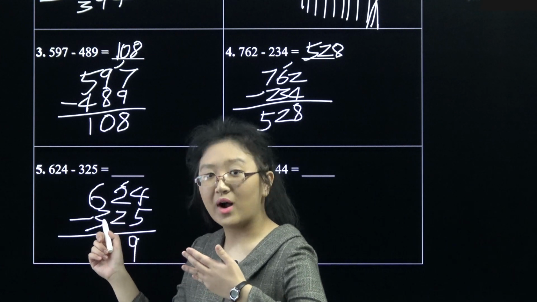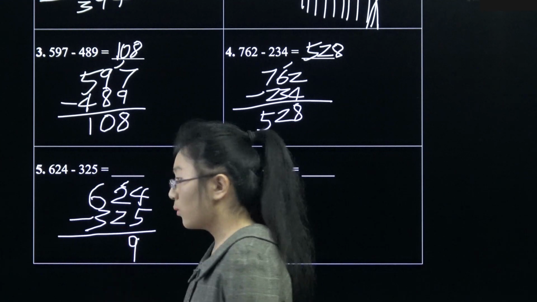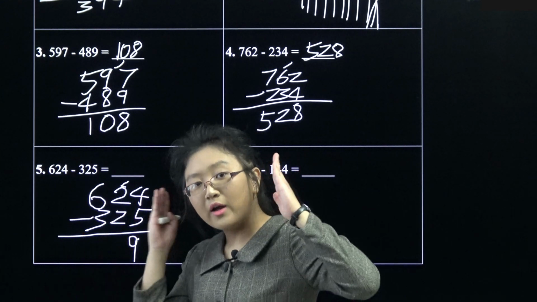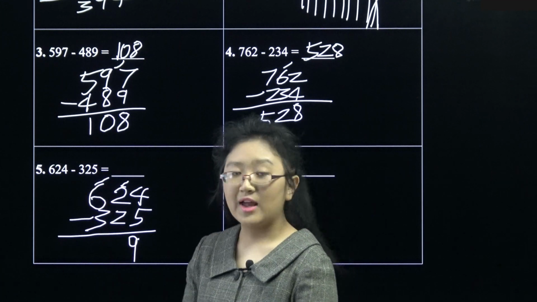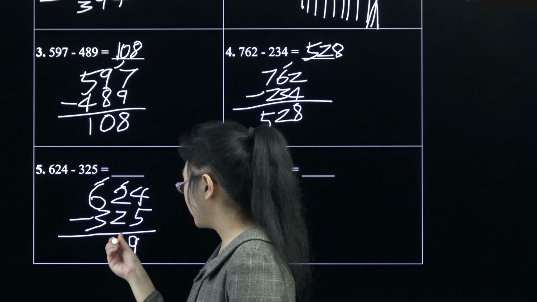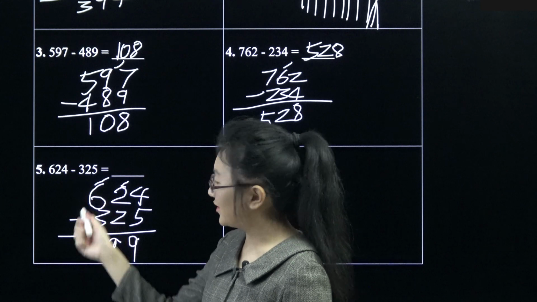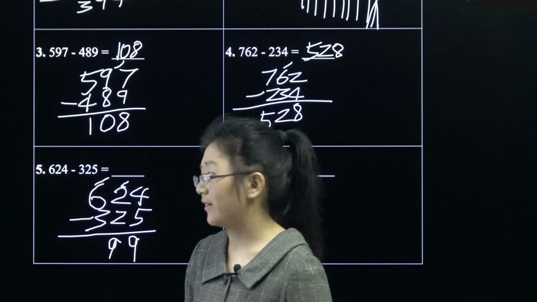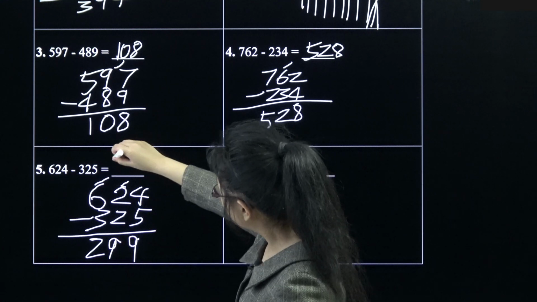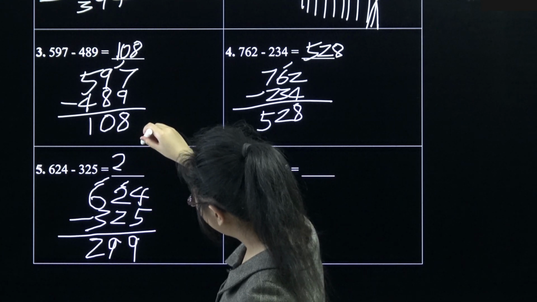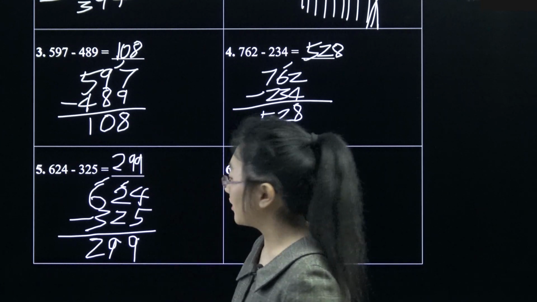Because we regrouped 1 out of the 2, we get 2 minus 1 equals 1. But 1 minus 2 doesn't work either. So we have to regroup 100. That'd be 11 minus 2 is 9 again. And 6 got 1 regrouped out of it, so that's 5. 5 minus 3 equals 2. 624 minus 325 equals 299.